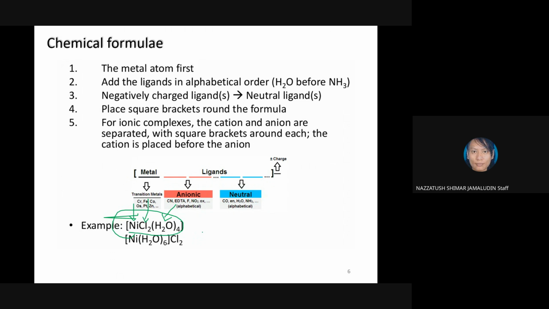A soft bracket is used to distinguish among ligands. For example, let's say we have this.